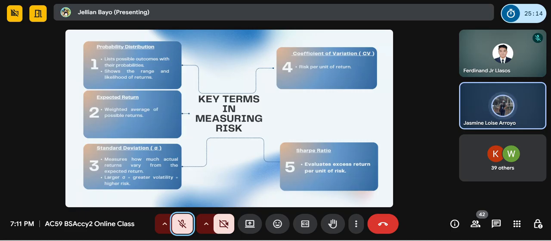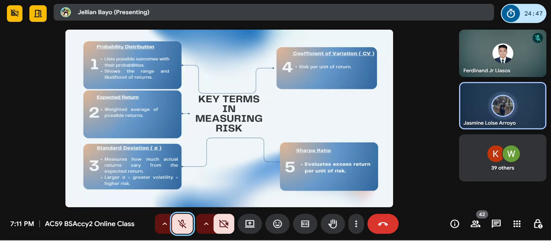And then the coefficient of variation is used to compare risk relative to return, especially when you're comparing two assets with different expected returns. It shows how much risk you're taking per unit of return. So the lower your coefficient of variation, the better the risk-return trade-off. Lastly, we have the Sharpe ratio.